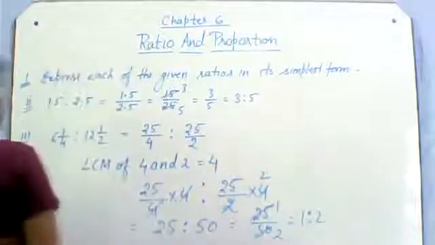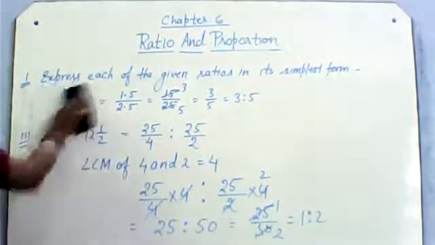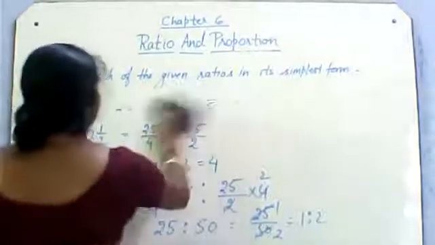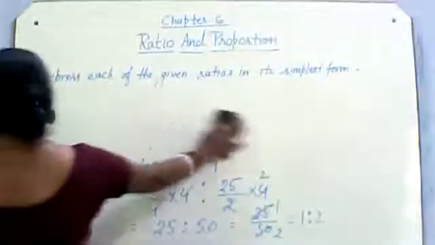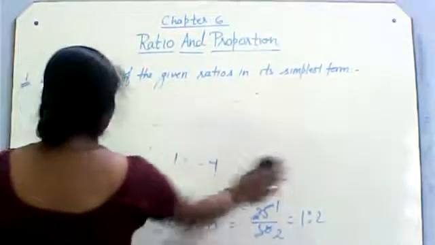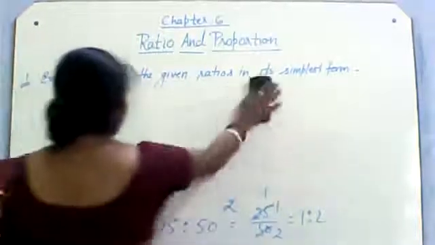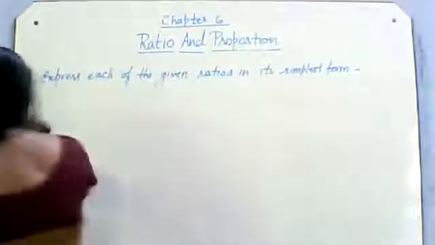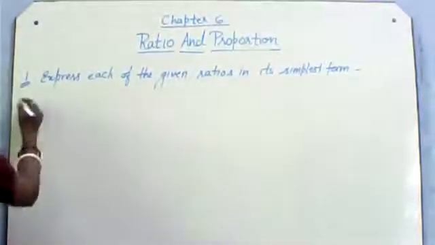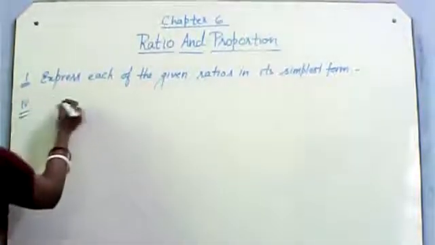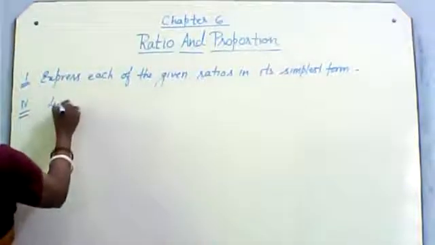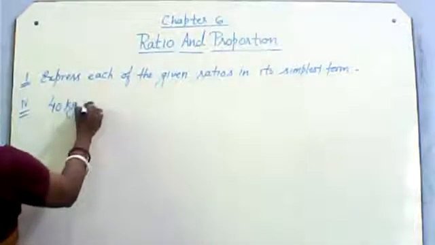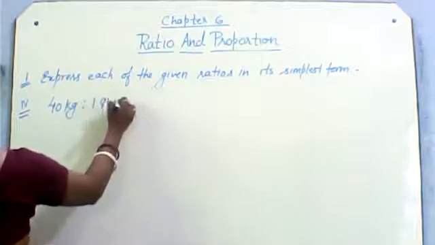Now, question number 4. Here, units are given. In question number 4, first, the unit is given. 40 kilogram ratio 1 quintal.